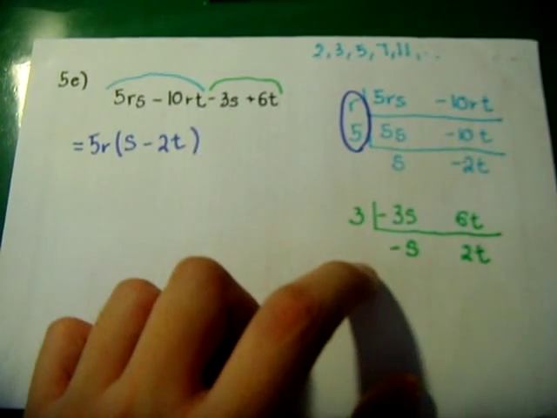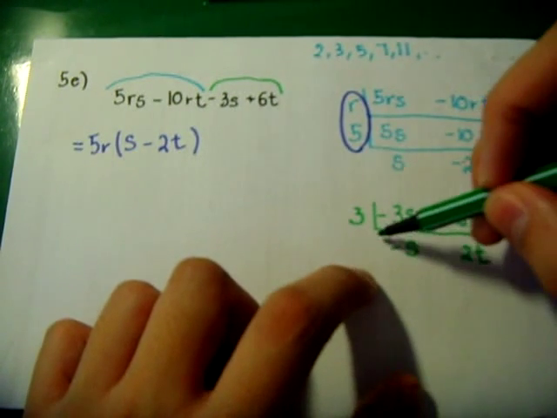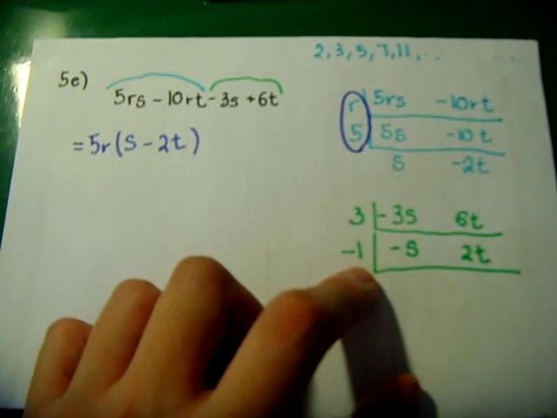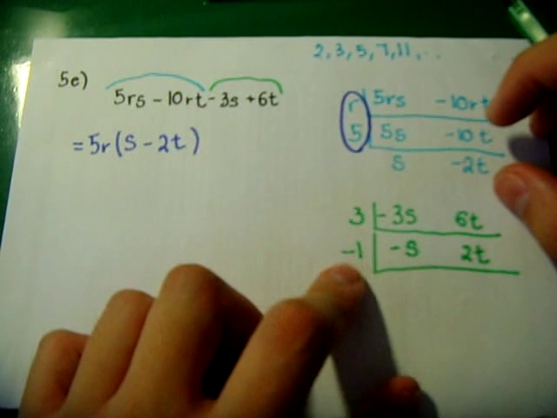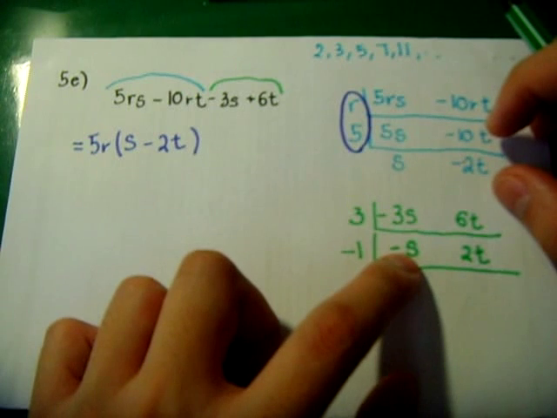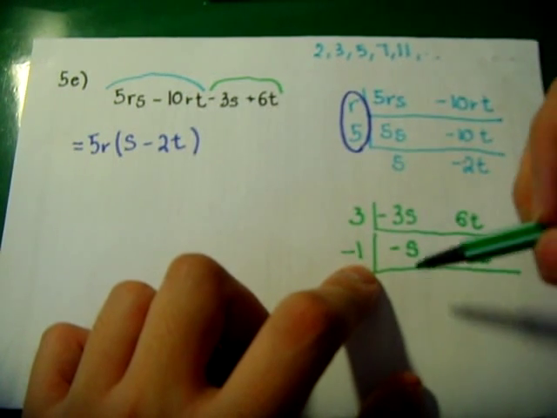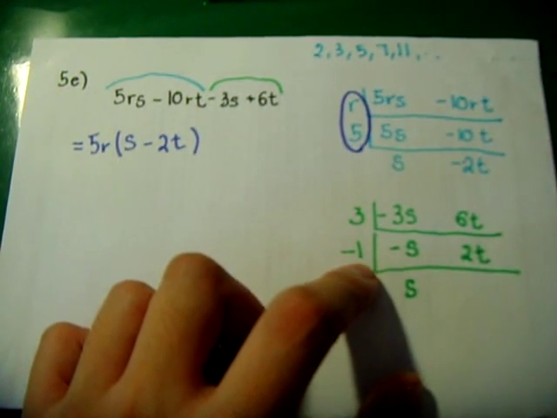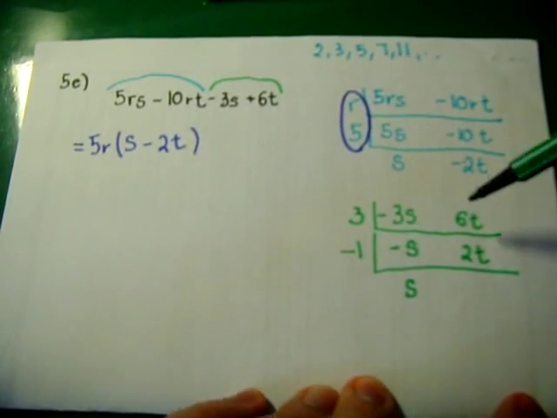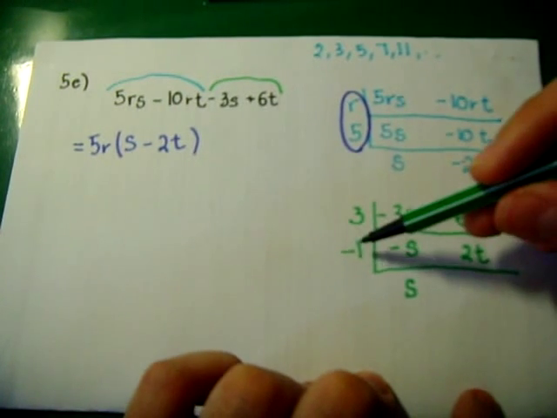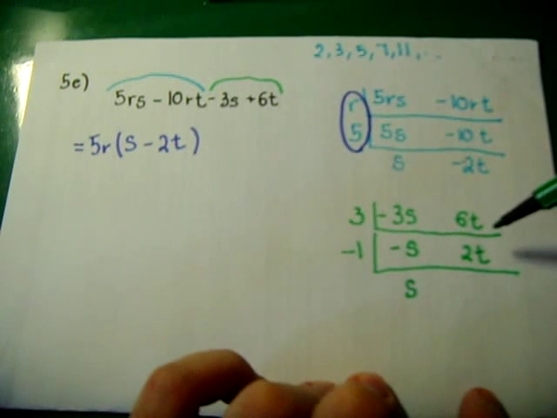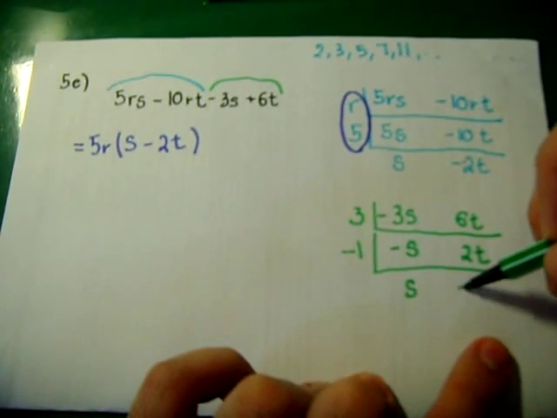What you can do here is take out a -1. -1 can be a factor. Negative s divided by -1: minus divided by minus, they are the same sign, so you get a positive answer. Here you have a positive 2t divided by -1. A positive number divided by a negative number, different sign, I will get a negative answer.